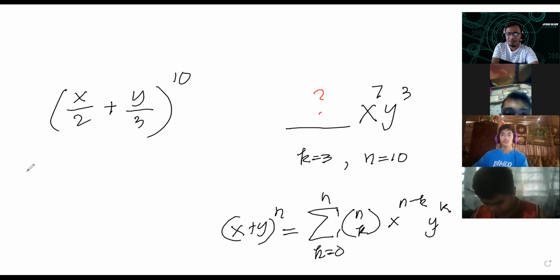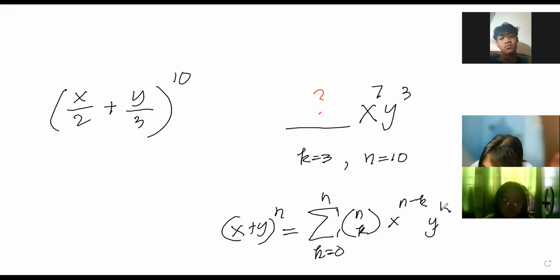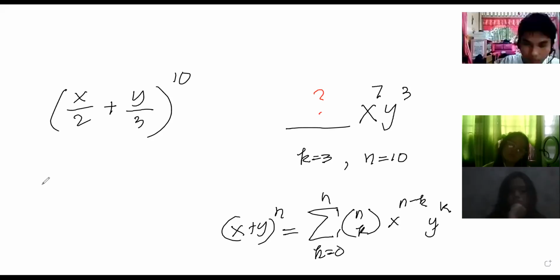If I replace n and k here with 10 and 3, what will be the result? Take your time.